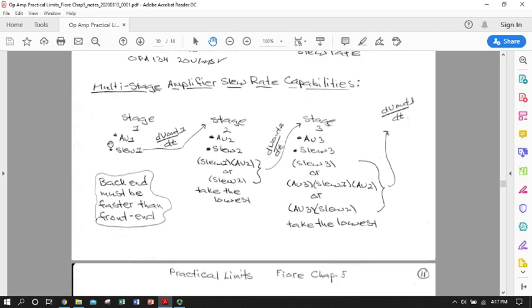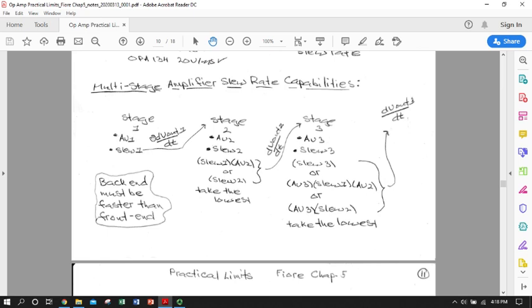And what if we have multiple stages? So this little chart graphic is similar to what's in the book, and it gives you a guide of what's going to limit our slew rate needs if we have multiple stages, and it's based on gain. So the general rule is the back end has to be bigger than the front end.